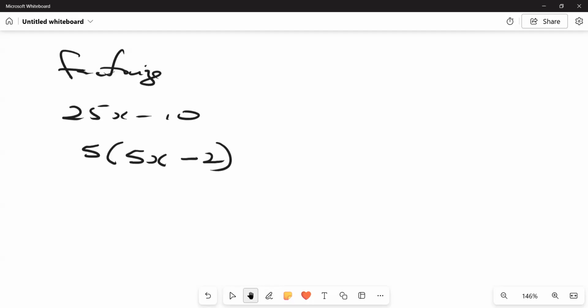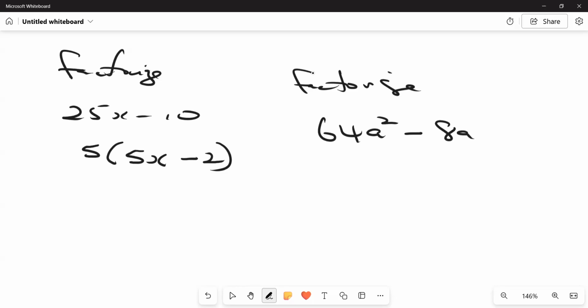Let's go with factorize 64a squared minus 8a. That should seem to be the highest common factor of both of these. What's the highest common factor of 64a squared and 8a?